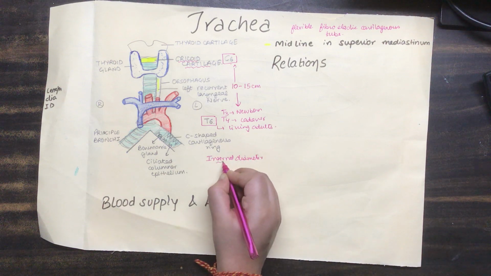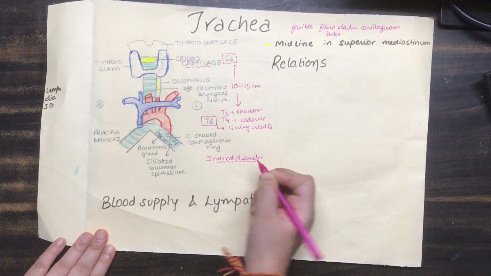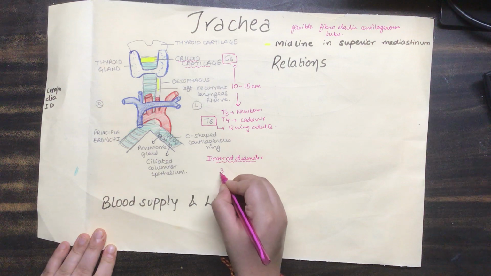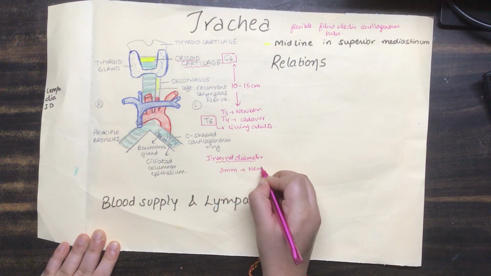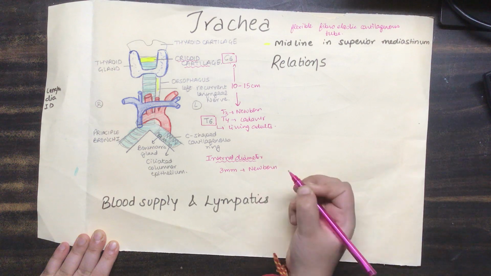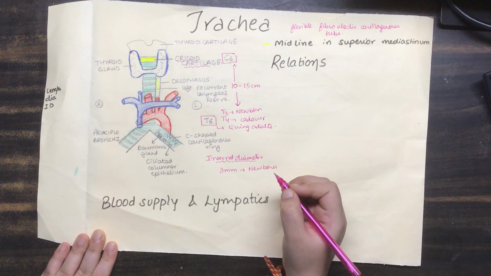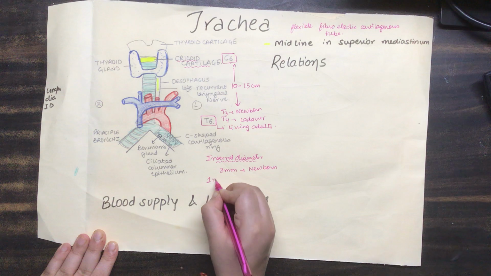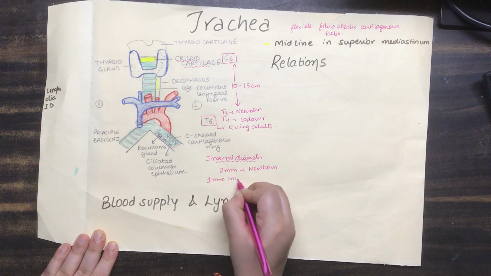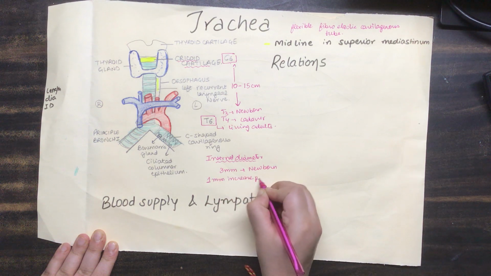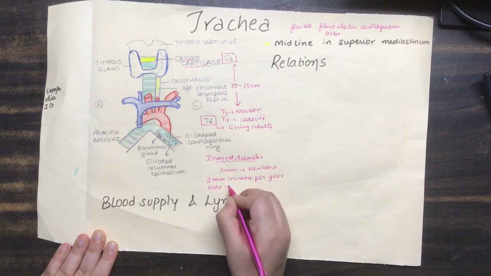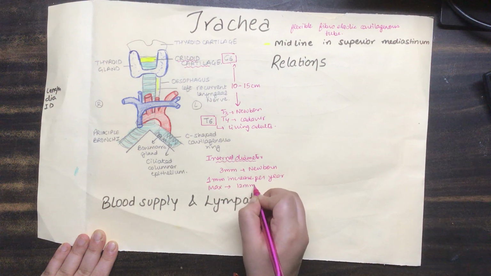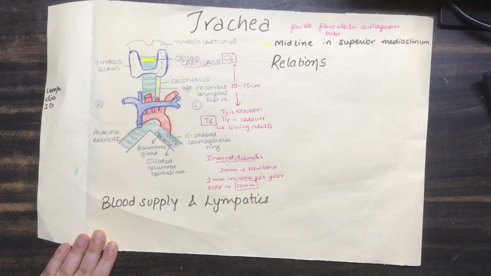The internal diameter of the trachea is 3 mm in a newborn. But with age, it is going to increase by 1 mm per year, and the maximum of this internal diameter is 12 mm.